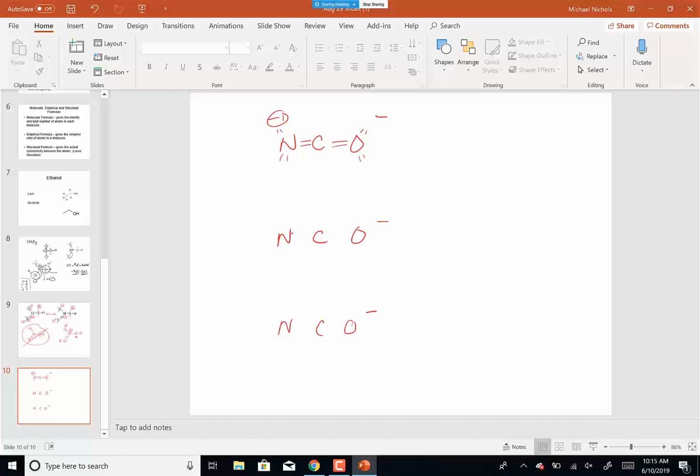Okay? Do we see anything wrong with that? No violations of the octet rule. The formal charge is correct. Formal charges add up to -1. Legitimate structure? Yes. Okay, does anybody have anything different?